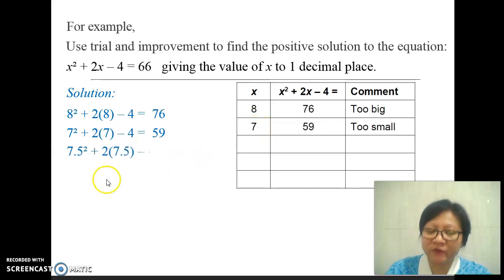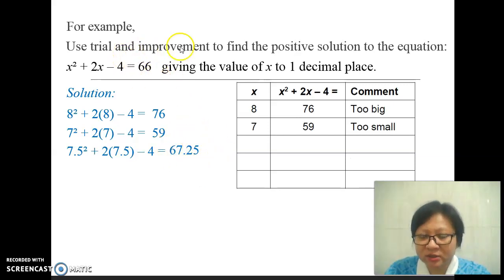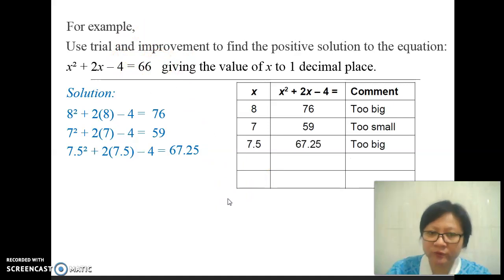Let's use 7.5. So 7.5 squared plus 2 times 7.5 minus 4 equals 67.25. 67.25 is more than 66. So it's too big. You need to reduce the value of x. So let's use 7.4. 7.4 squared plus 2 times 7.4 minus 4.